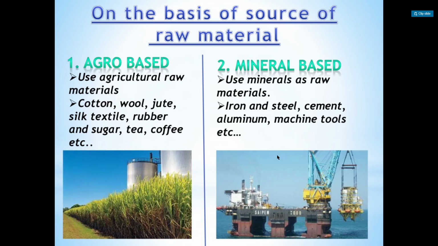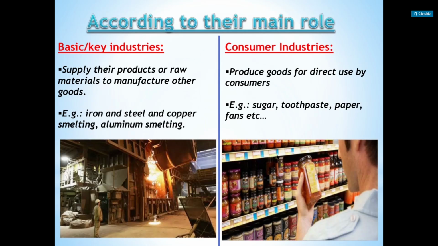Mineral based industries use minerals as raw materials. For example, iron and steel, cement, aluminium, machine tools, etc. So this is on the basis of source of raw material.